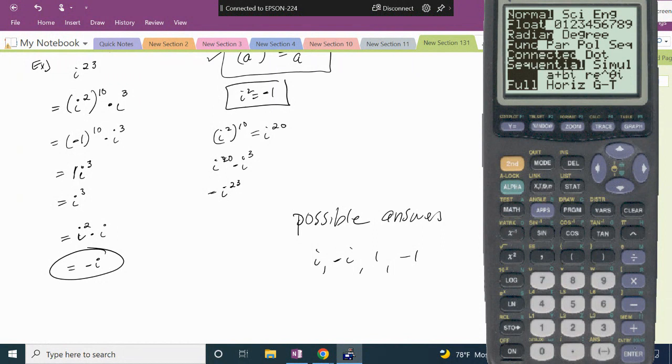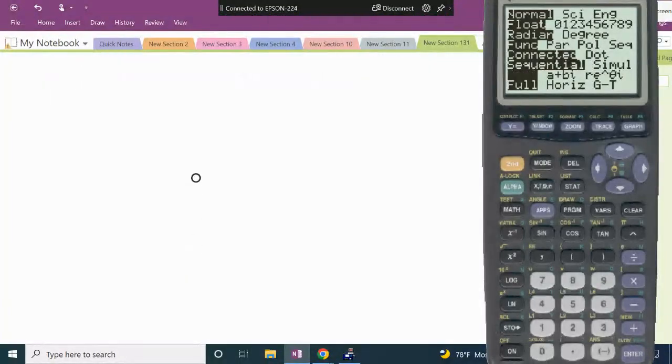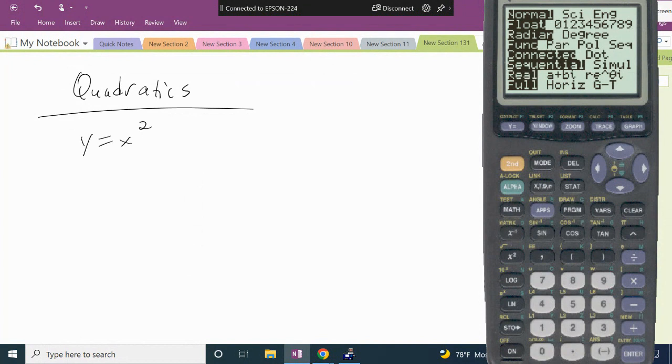All right, so next we're going to look at quadratics. And for a quadratic equation, this is the most basic form: y is equal to x squared.